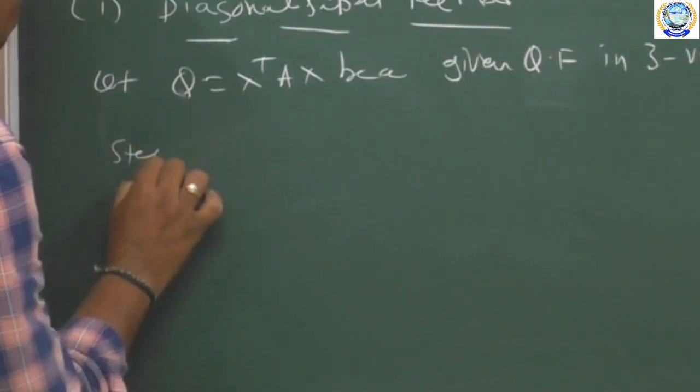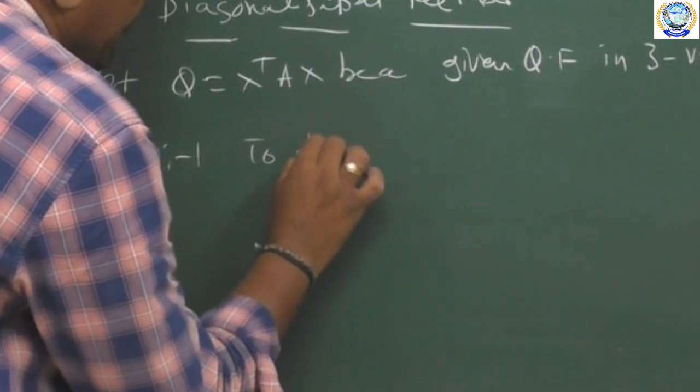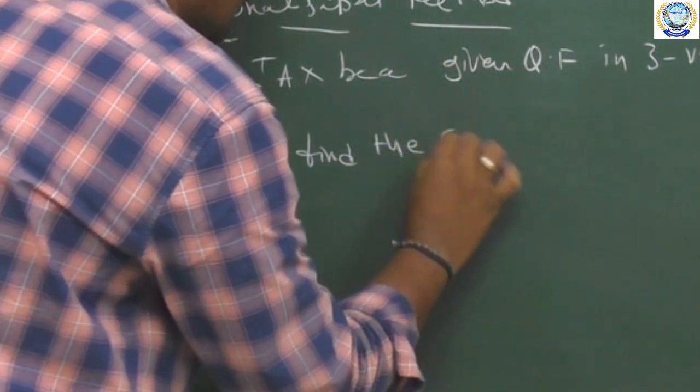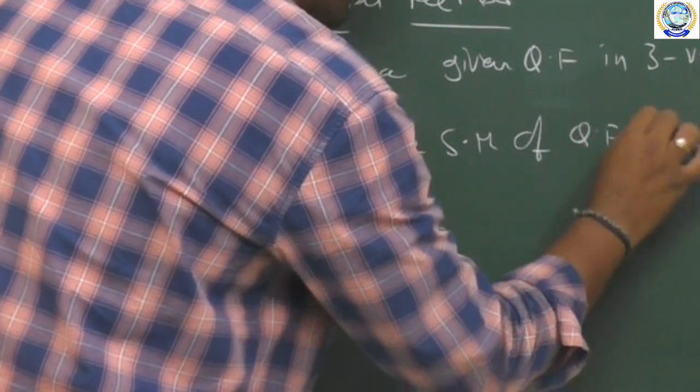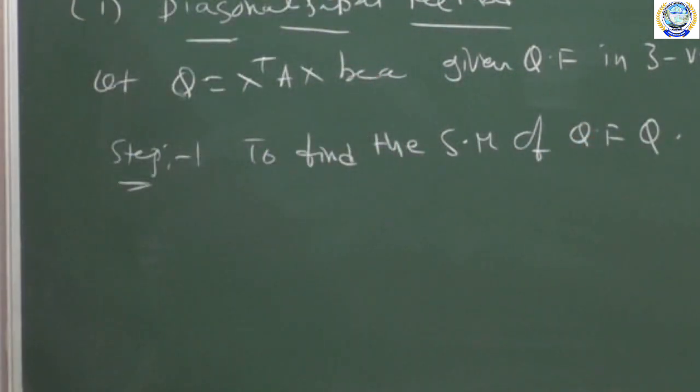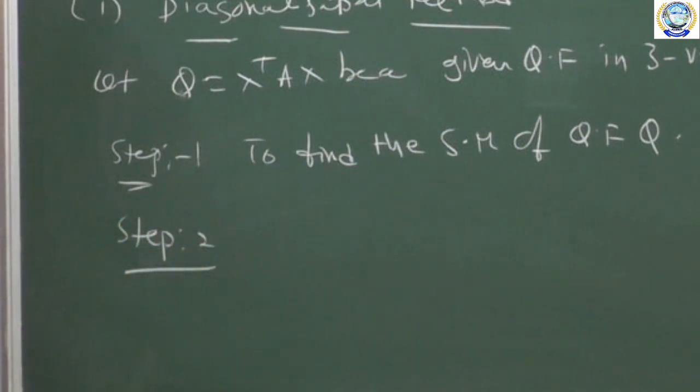Step 1. First, to find the symmetric matrix of a given quadratic form Q. Next, go to step 2.